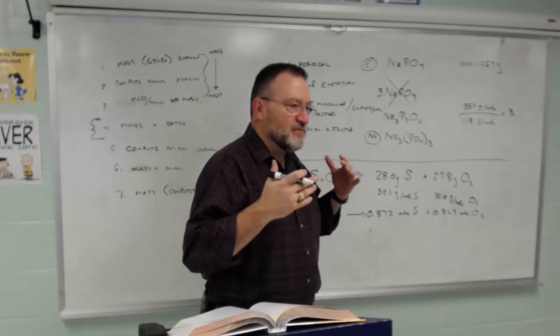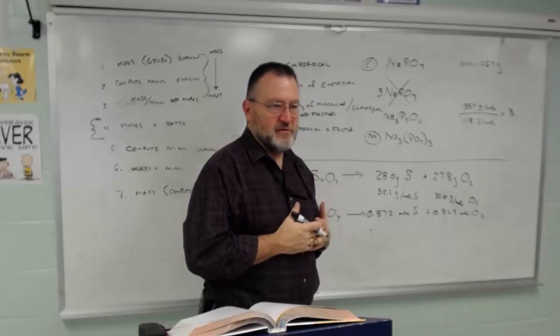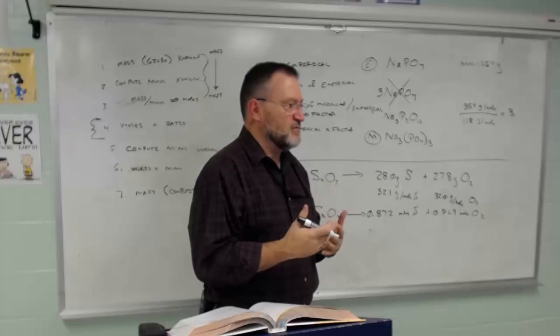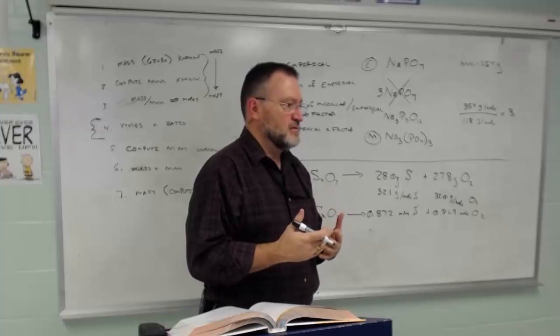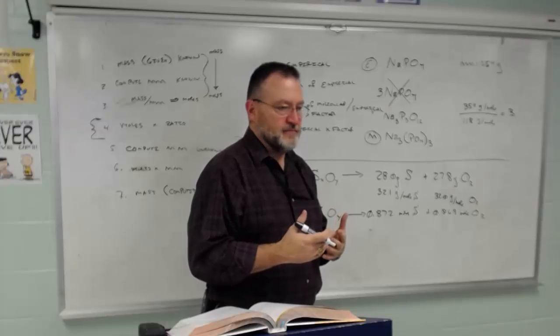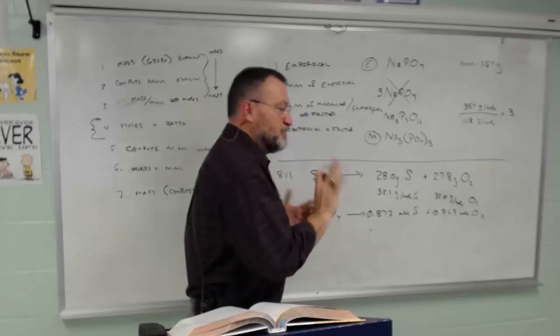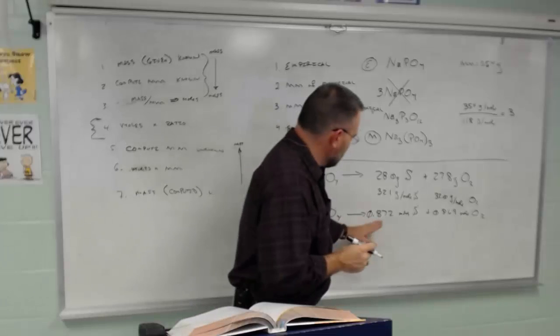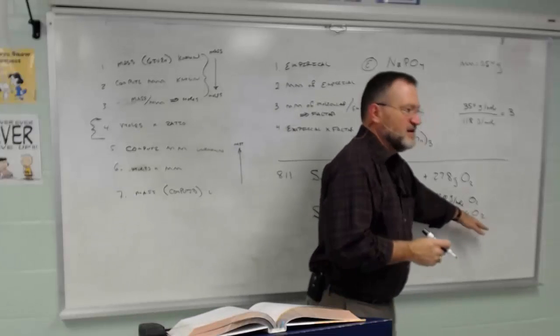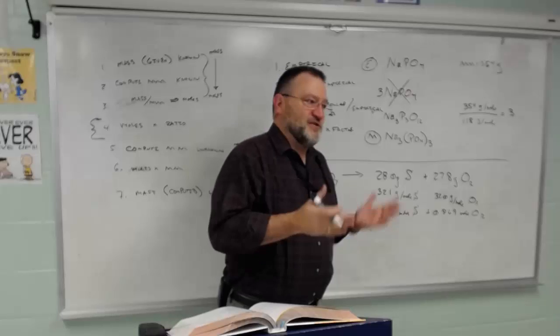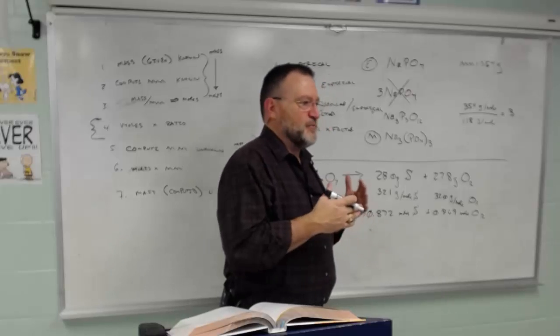How do I relate those two things? Process-wise, what am I going to do? Divide it by the smallest one. Good. But here's the deal. Look at between 0.872 and 0.869, they're about the same, right? You're going to be off by like a couple thousandths.